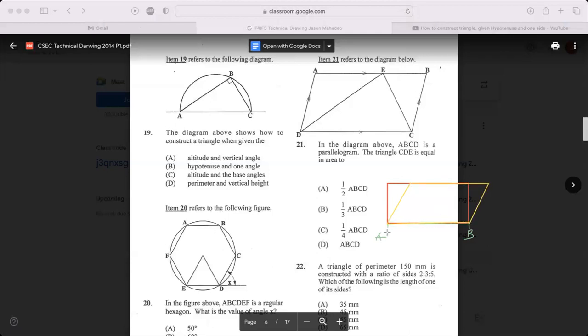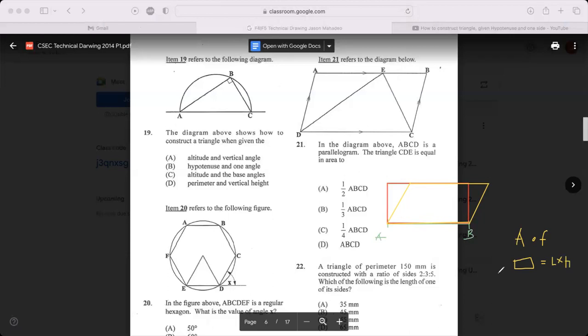The height is the same and the length is the same. So the rectangle and the parallelogram will have the same area, because the formula for the area of a rectangle is length by height. So these are both the same.